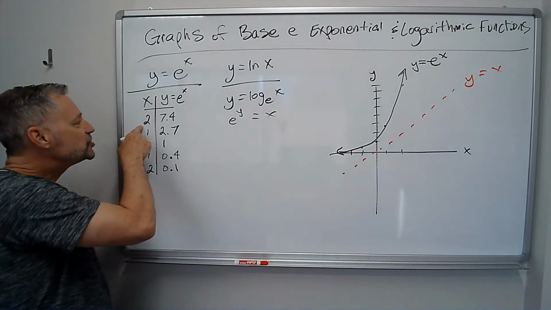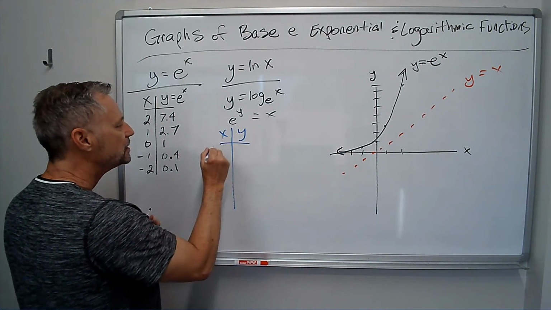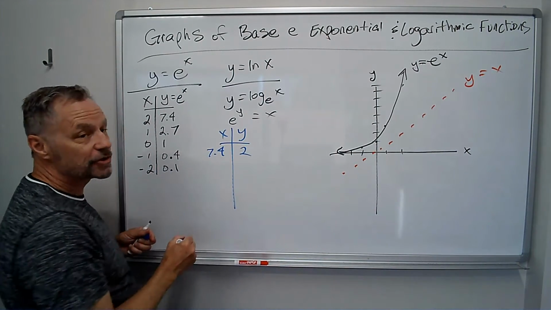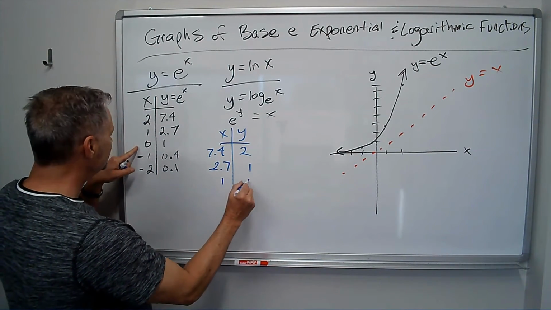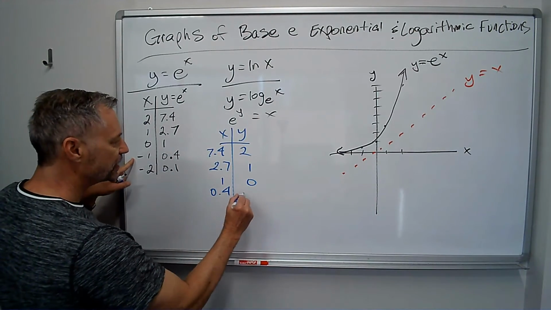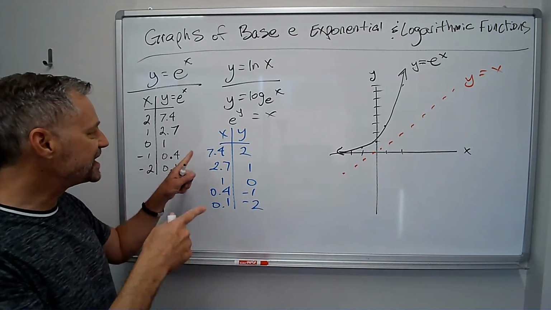So instead of 2, 7.4, I'm going to have 7.4, 2. And I've got 2.7, 1, 1, 0, 0.4, -1, 0.1, -2, and I can graph that as that reflection.